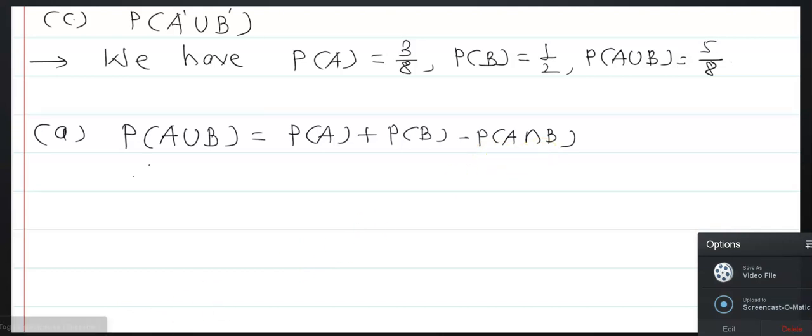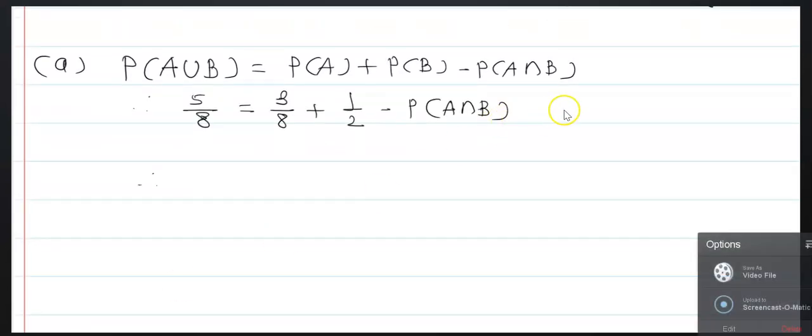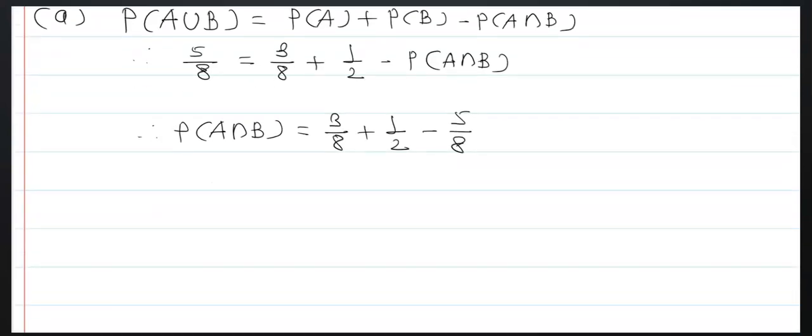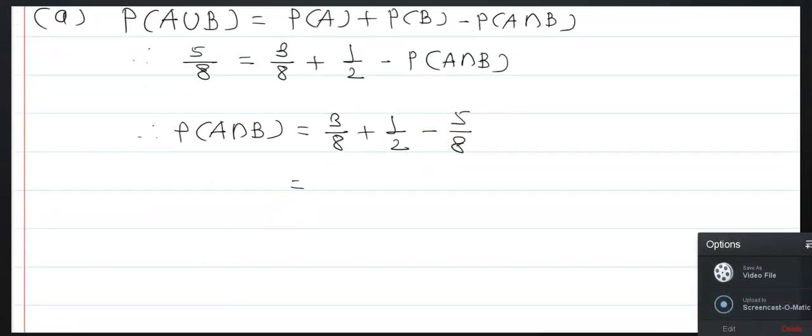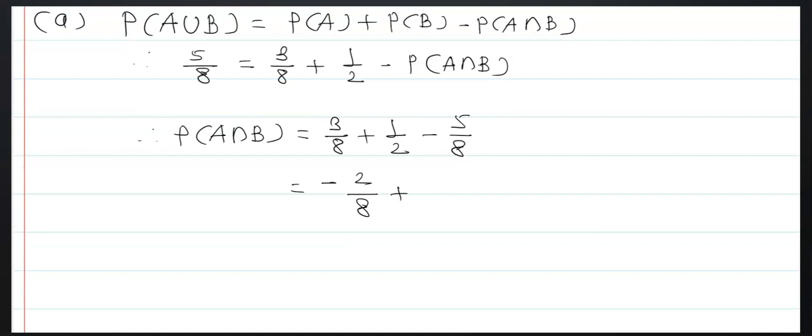Then you will get 5 by 8 equals 3 by 8 plus 1 upon 2 minus P of A intersection B. That is, P of A intersection B is equal to 3 by 8 plus 1 upon 2 minus 5 upon 8.